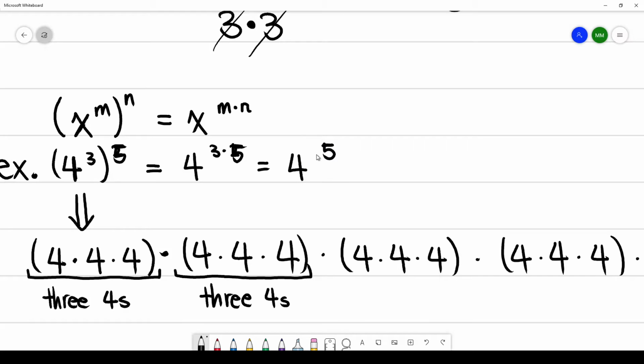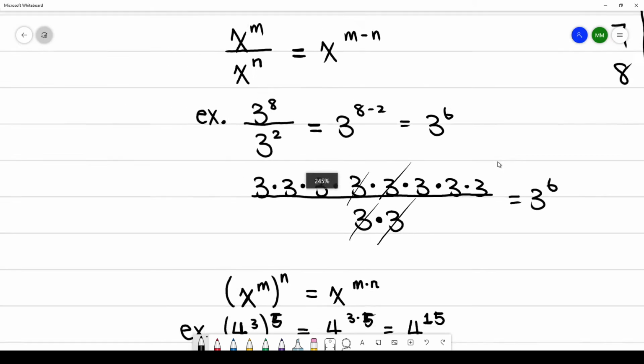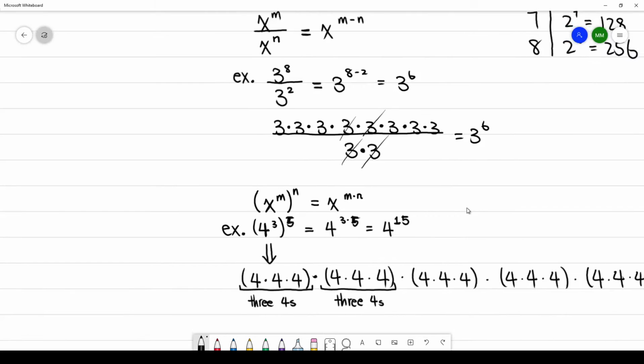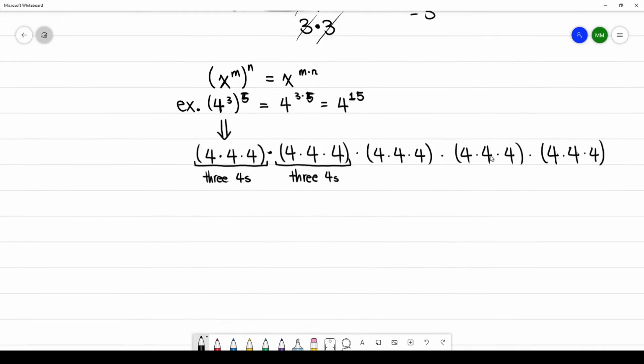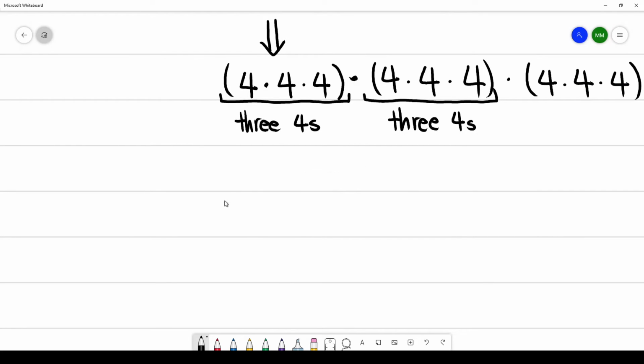Let me write this better. So these are the 3 really basic ones. And with this, one more thing I want to quickly talk about today is x to the 0.